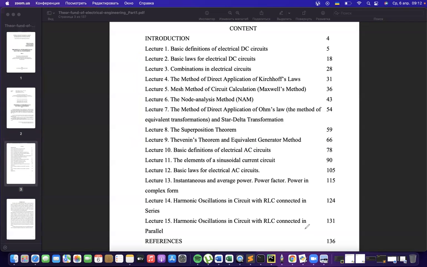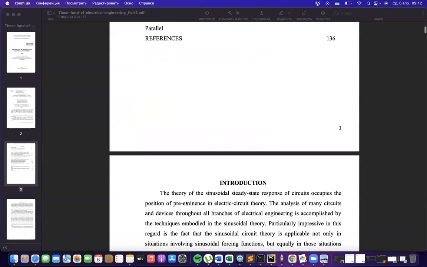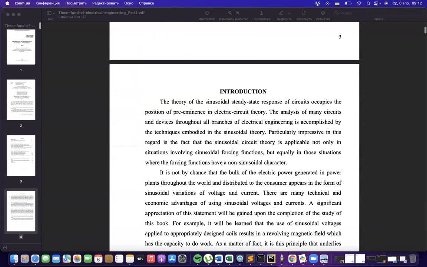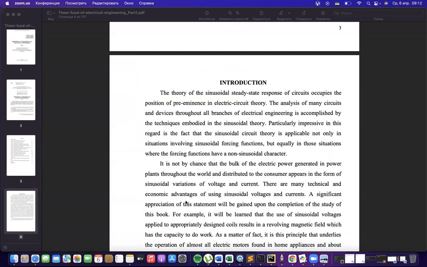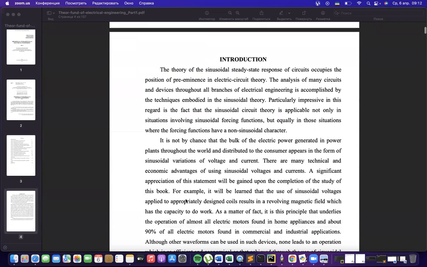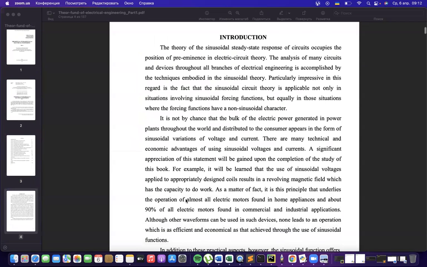It was starting from February and ending in May.